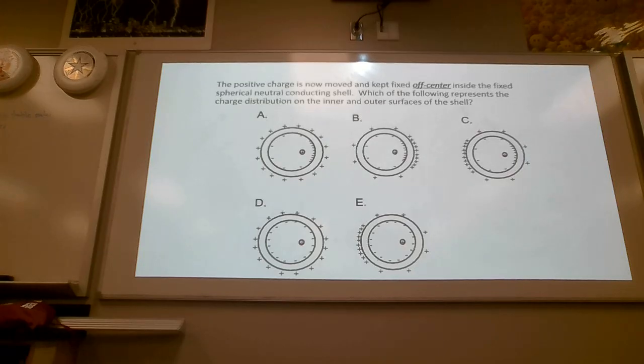If the field in the metal is 0 and the field in the pocket is just relying on that one charge, why does it have a force on it? Because the outer shell has a charge on it. So it's just experiencing the force of the outer shell moving.